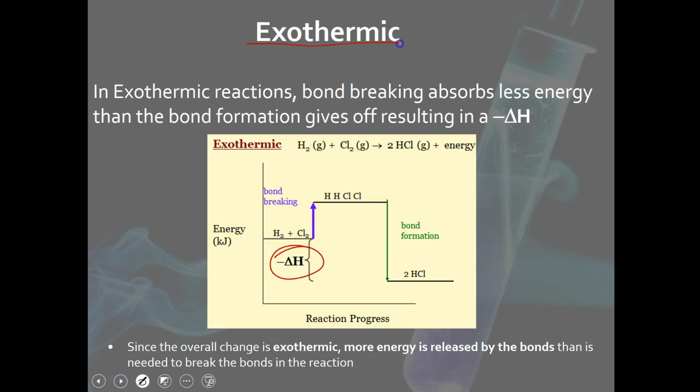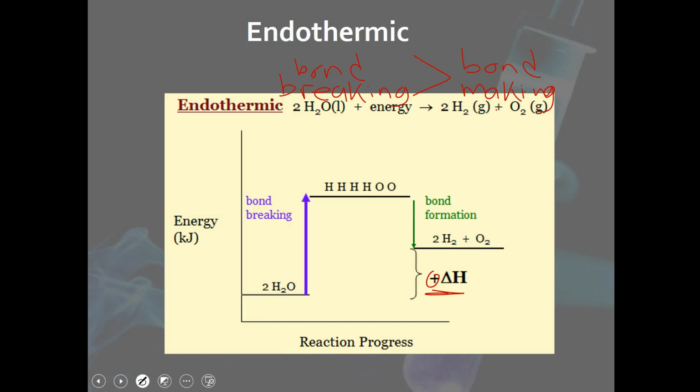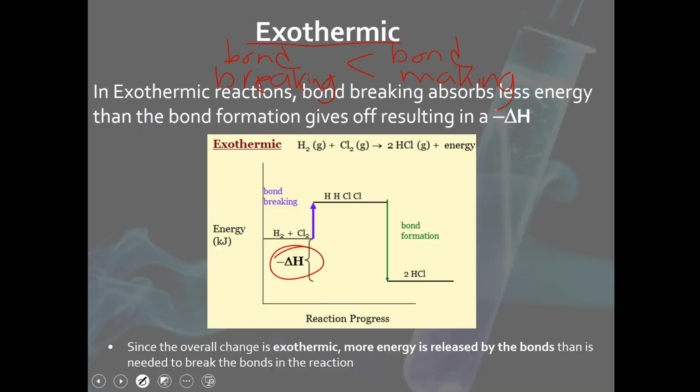So for an exothermic reaction, the bond breaking is less than the bond making. And so that's why we have a result of a negative enthalpy. Endothermic, yeah. Yeah, and this is exothermic.